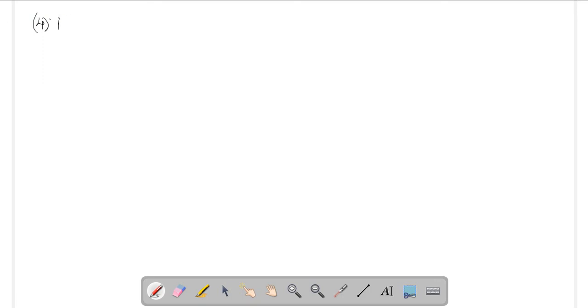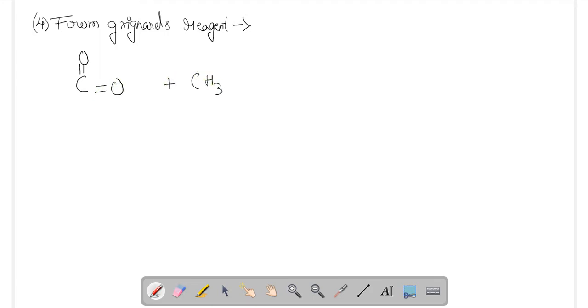So when Grignard reagent is generally reacted with carbon dioxide, okay, carbon dioxide, CH3 MgBr.